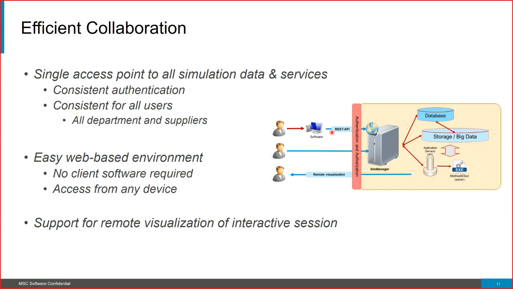But still, we provide lots of ways to access that data, either from a very simple web-based environment, which needs no software installed on the front end, through to having some other components, maybe using REST API, connecting specific software with SimManager in the background, or maybe providing remote visualization, extending on from what vCollab provides to provide true remote visualization using VNC and typical other DCV tools that might benefit you in terms of visualization of data on the server without ever moving it from the server itself.